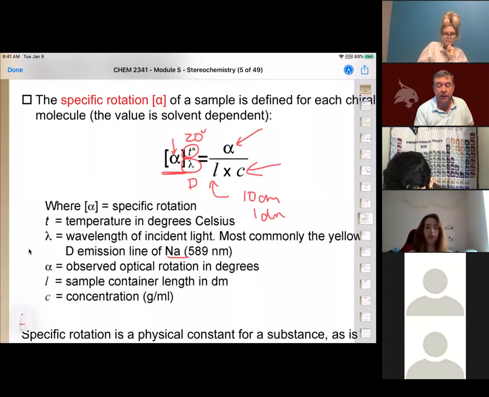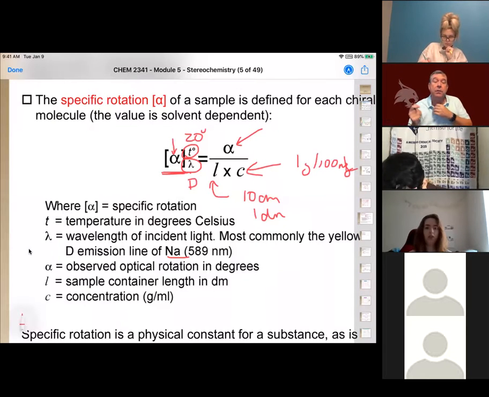Most of the time we have 1 gram per 100 milliliters. So that's the most common way to measure this. And so we can look at these and I can compare my results to your results to somebody else's results by taking into account these things. So our specific rotations will be the same, even though our observed rotations could be different.